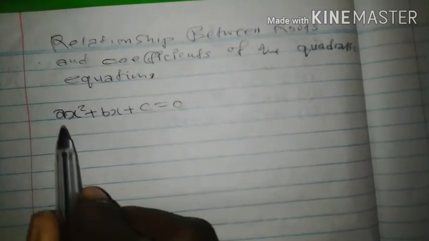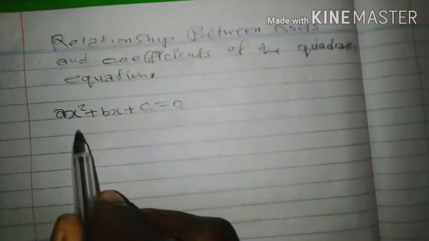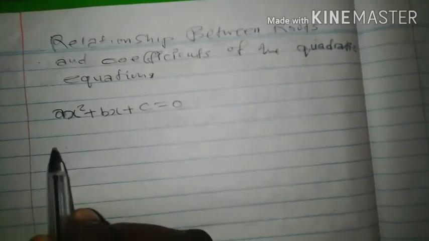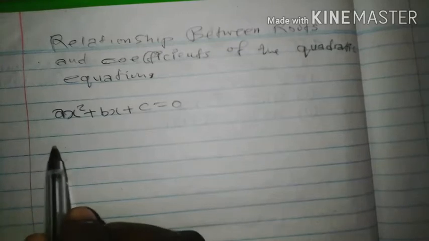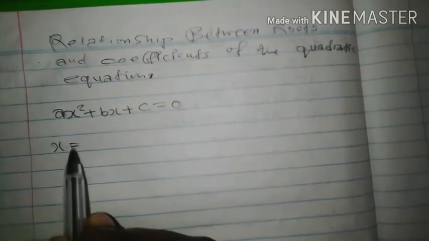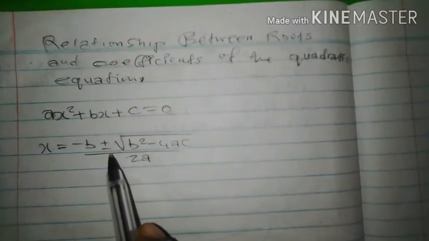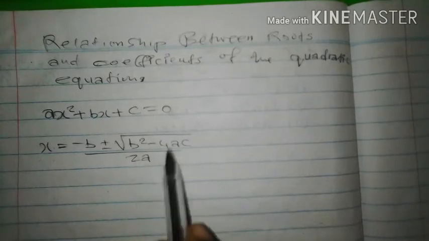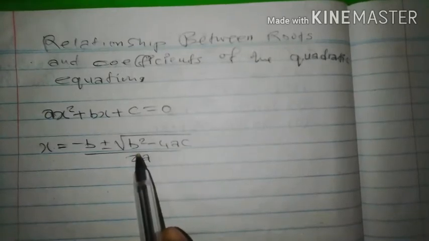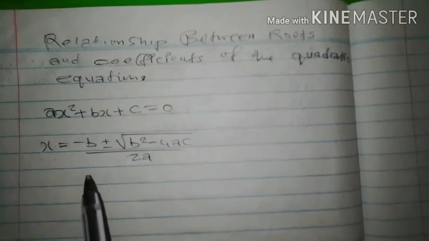When we want to find the roots of this quadratic equation, using the quadratic formula, we use x is equal to minus b plus or minus the square root of b squared minus 4ac, over 2a. This is the formula we use.